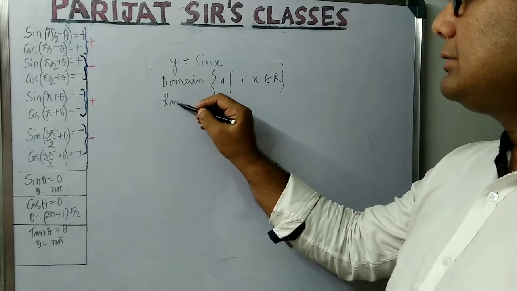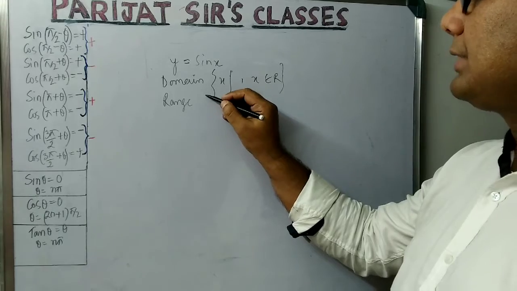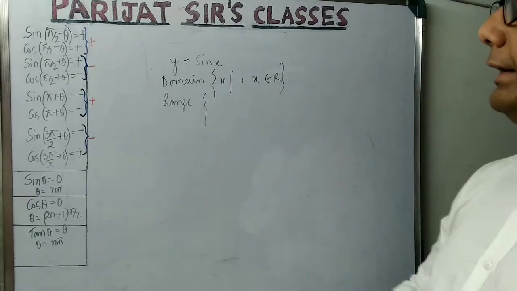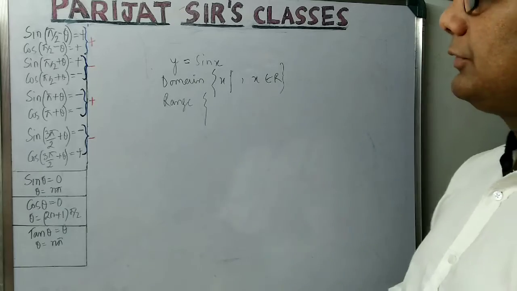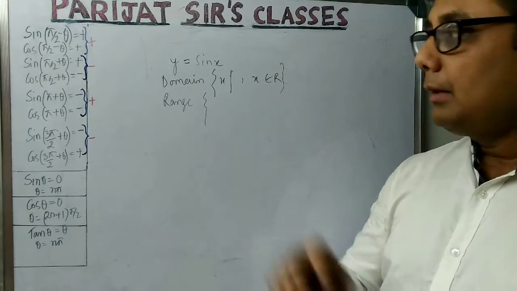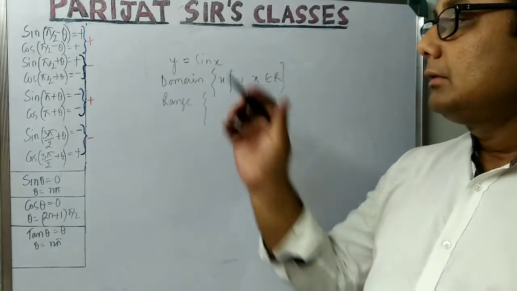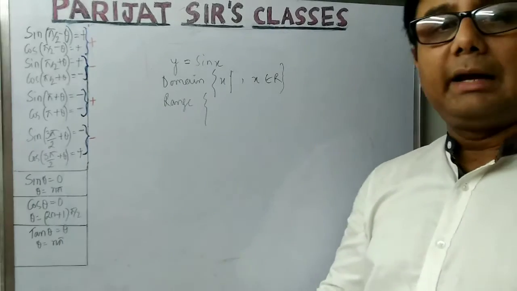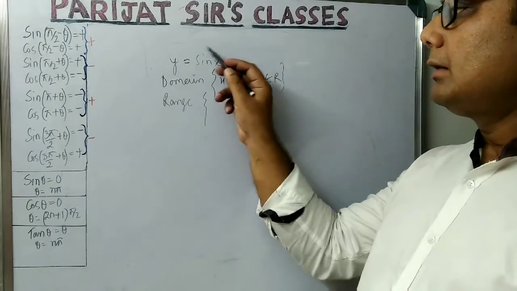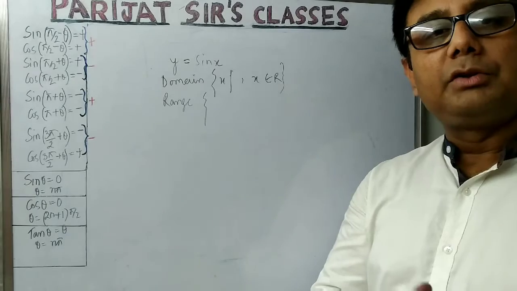And the range of y equal to sine x means finding the values of y. Now the maximum value of sine is 1. When we put x as 90 degree, pi by 2, we get the maximum value, sine pi by 2, which is 1.